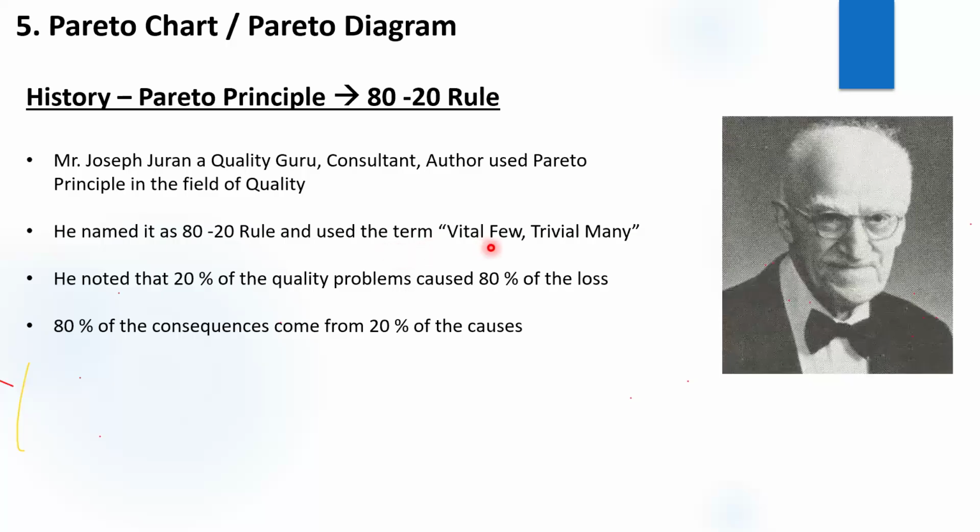And he used the term vital few and trivial many. What the vital few is, we'll discuss later on. And he noted that 20% of the quality problems caused 80% of the loss, or 20% of the defects contribute to 80% of the rejection.